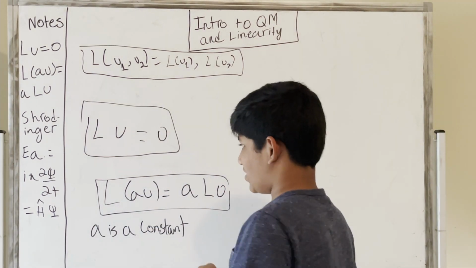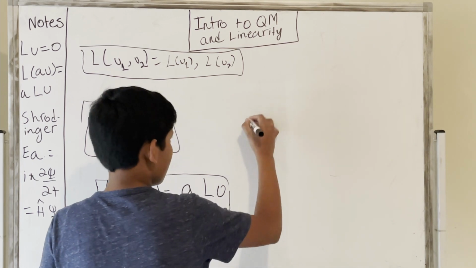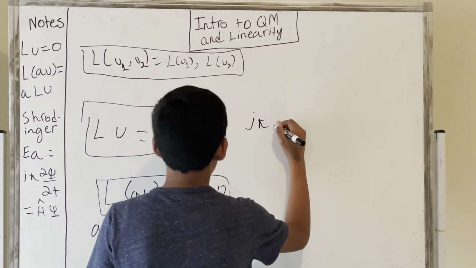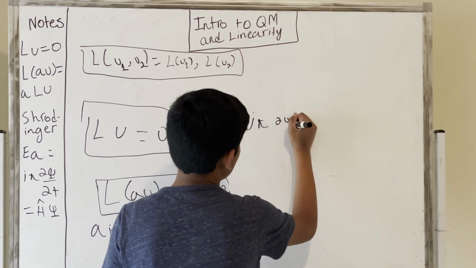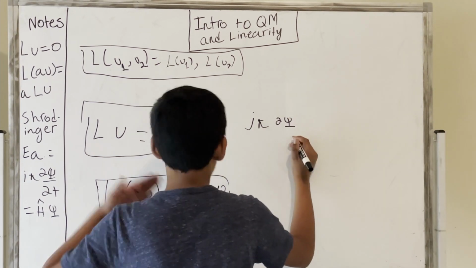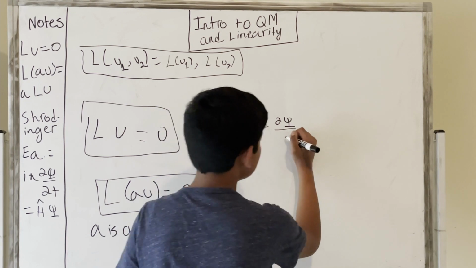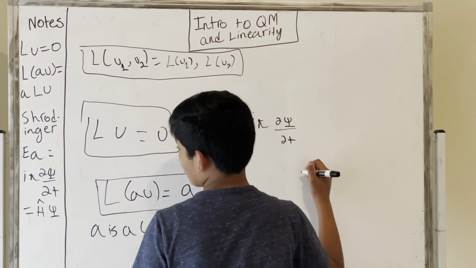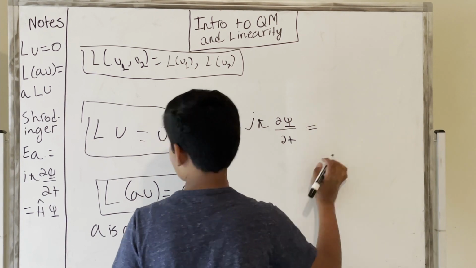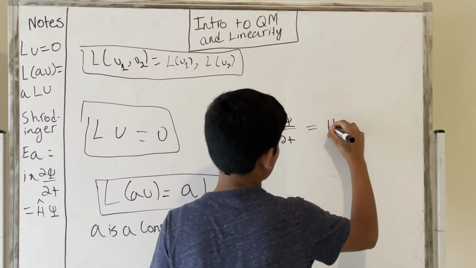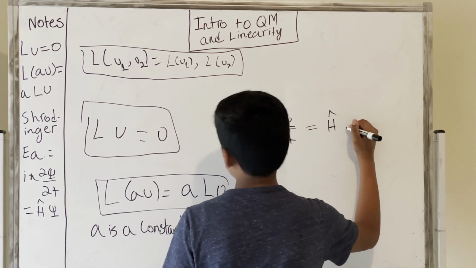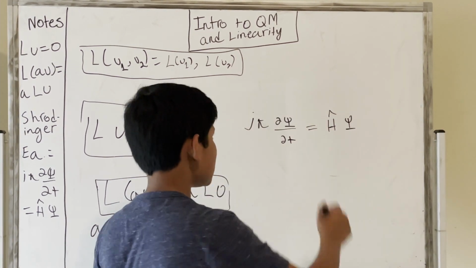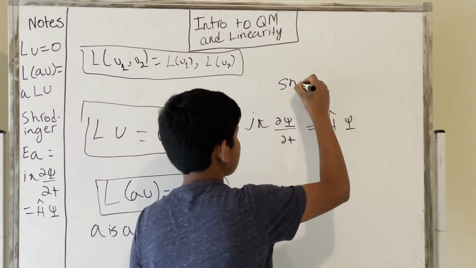So the Schrodinger equation essentially is the complex variable i, h bar, and then the partial derivative of the wave function with respect to time. Then this is equal to the Hamiltonian, and then the wave function. Okay, so this is just a regular equation, and this is the Schrodinger equation.